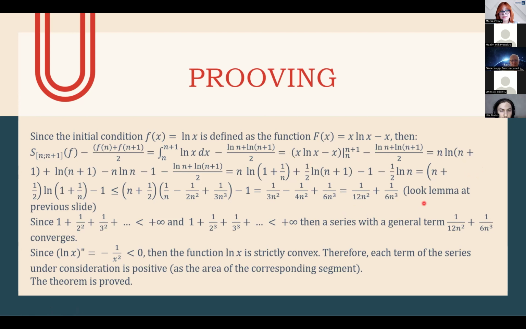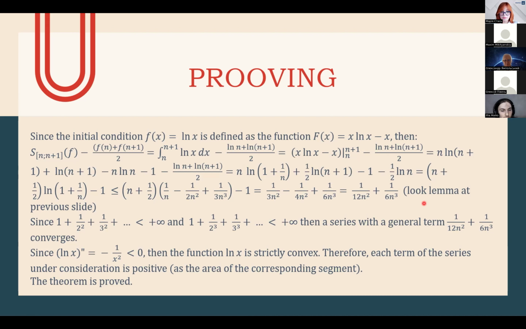And since our two series, like 1 plus 1 divided by 2 squared plus 1 divided by 3 squared, and 1 plus 1 divided by 2 cubed and 1 divided by 3 cubed, are smaller than plus infinity, then the series with general terms 1 divided by 12 n squared and 1 divided by 6 n cubed converge.